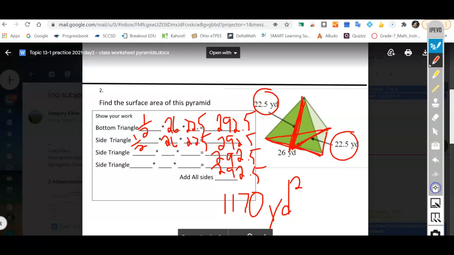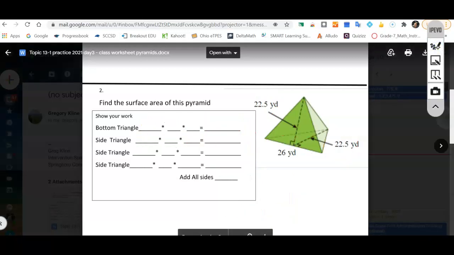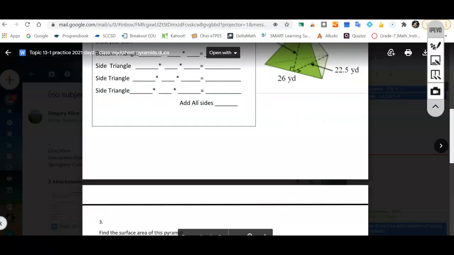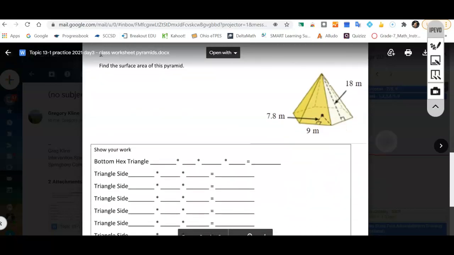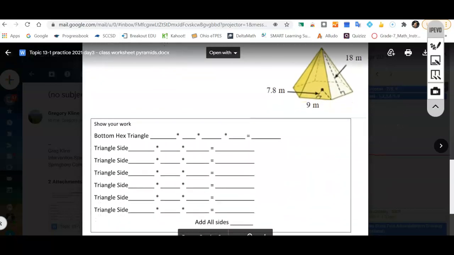All right. And then the last one, you have a wonderful, what type of pyramid is this? What would I call this? What do you think?